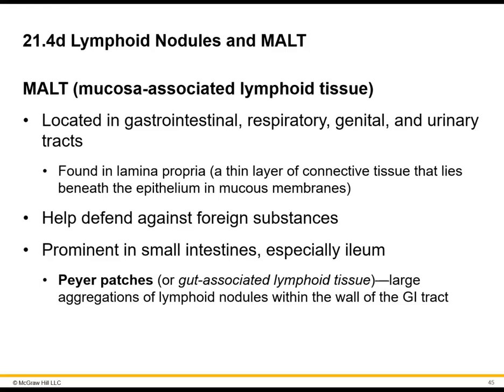So it's right there for any pathogens that might cross that mucous membrane. MALT helps defend against foreign substances, and it's going to be prominent in the small intestines, especially the ileum. Here it's called Peyer's patches, or gut-associated lymphoid tissue, GALT. These are large aggregations of lymphoid nodules within the wall of the GI tract.